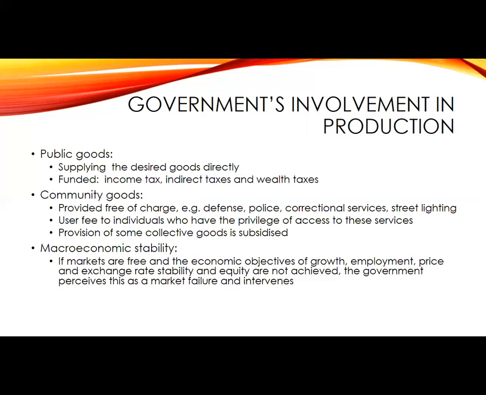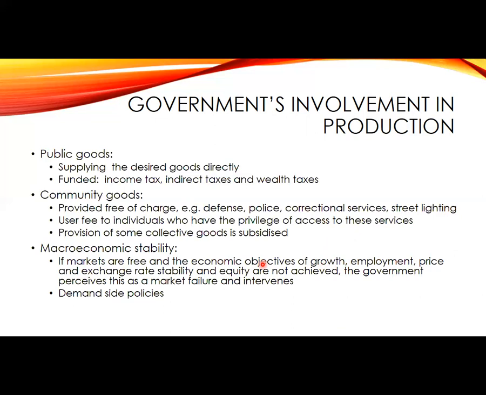Governments also have macroeconomic objectives. Now, for all governments, it is to achieve economic growth, full employment, price and exchange rate stability, and equity. And if any of these objectives aren't met, it is a market failure and the government intervenes.